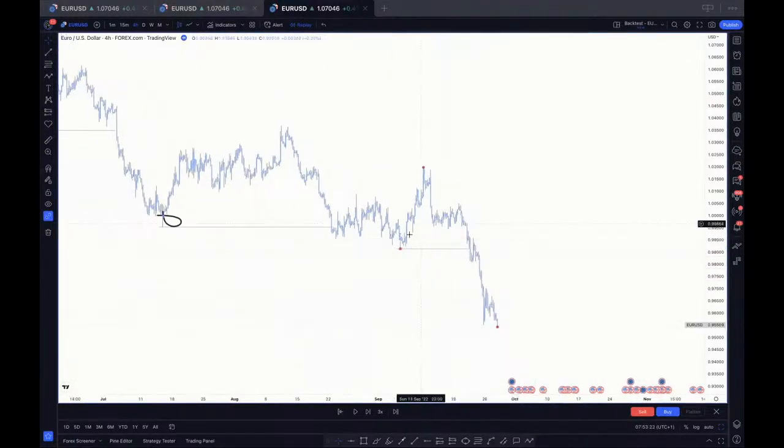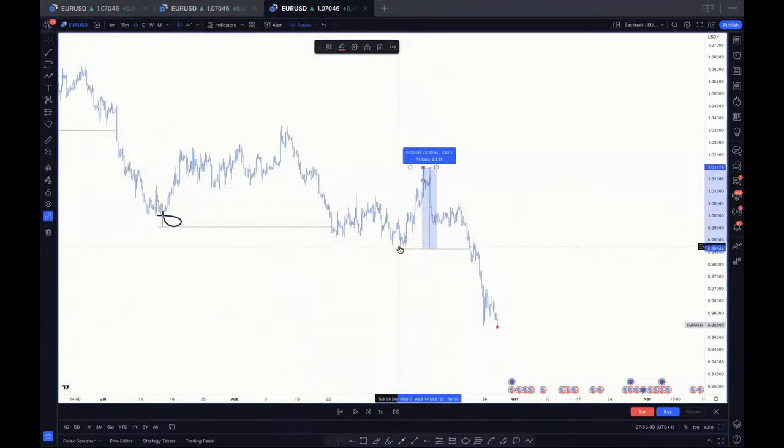So how do you know the high that took out the low? You can just use this ruler tool and come to this low here, for example, and draw it up, and the highest point that took out that low is your previous high. It's now your swing high, what we also call the swing high.